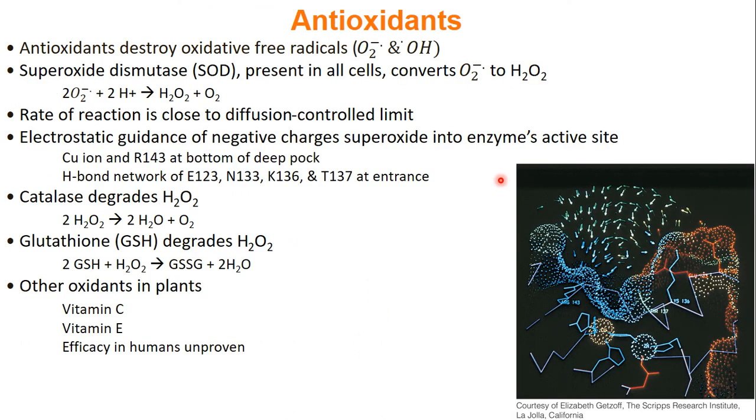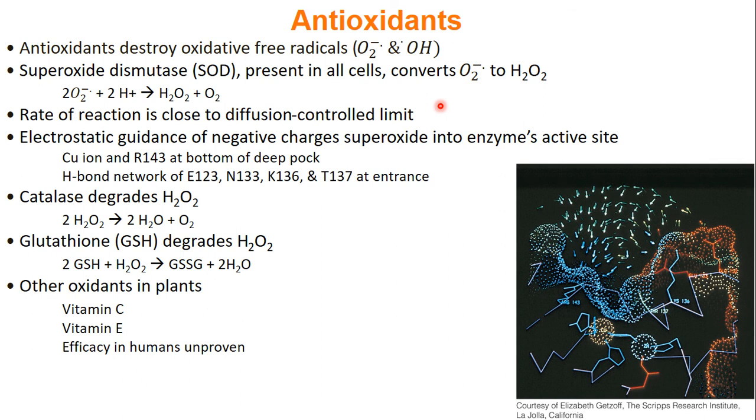Now, there are ways to help prevent these free radicals, and those are what we call antioxidants. They will destroy your different free radicals. You actually have a protein in your body called superoxide dismutase, or SOD, in all cells, which will take this oxygen free radical and change it to hydrogen peroxide. This reaction is so fast that we call it diffusion control limited.